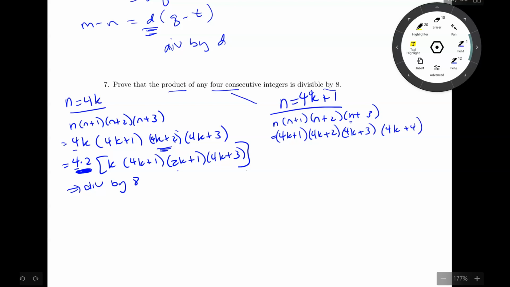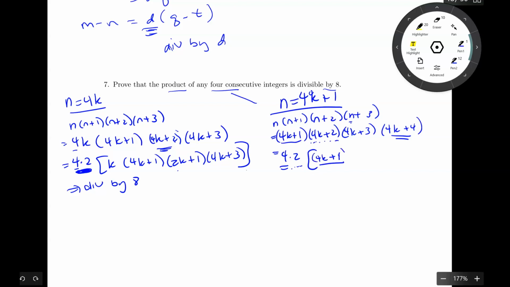Okay, so let's see. I'm going to factor a 4 out of this, and then I'm going to factor a 2 out of this. So what am I left with? 4k plus 1. Oops, I didn't write the 4. Okay, so this one here is this one.